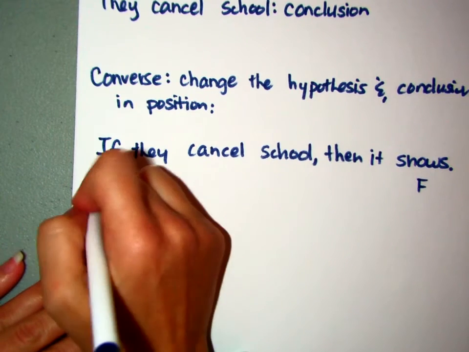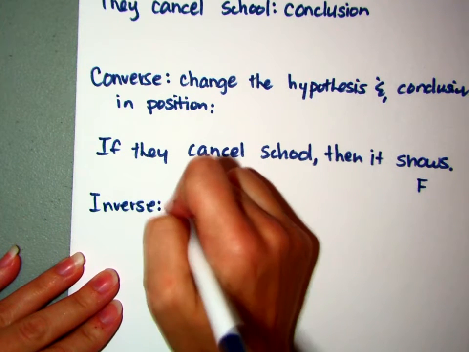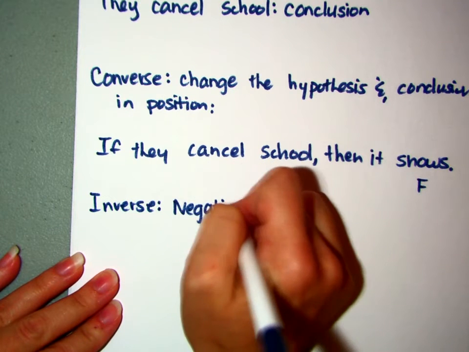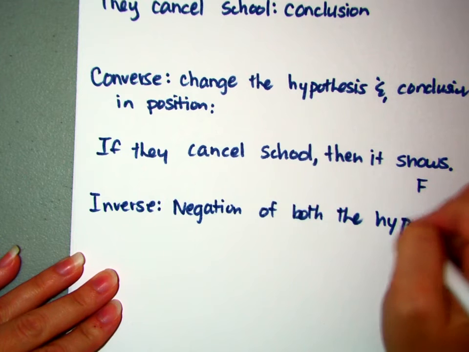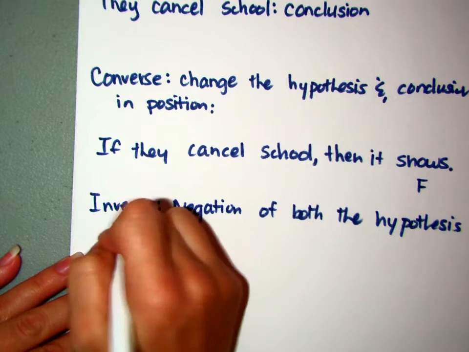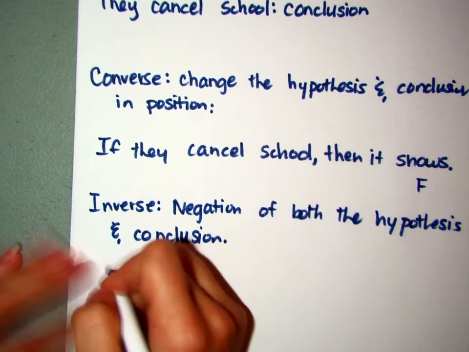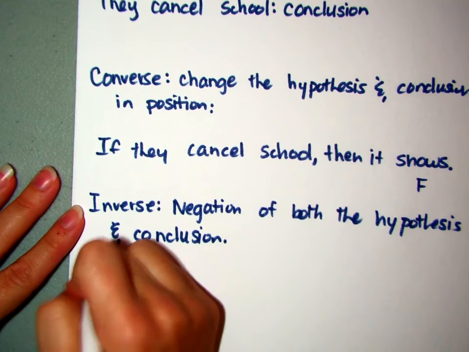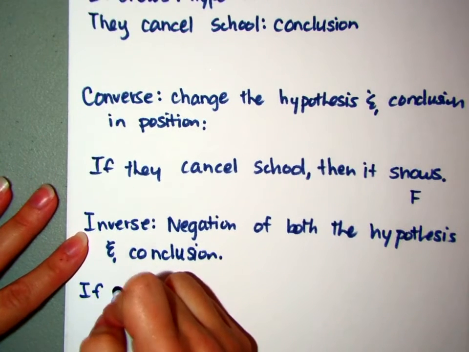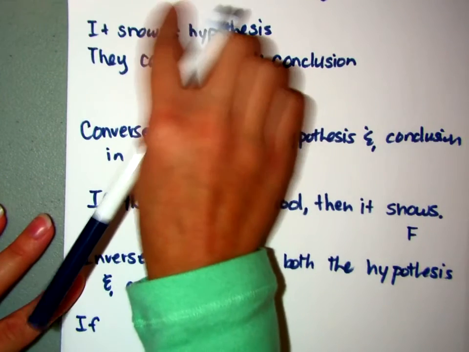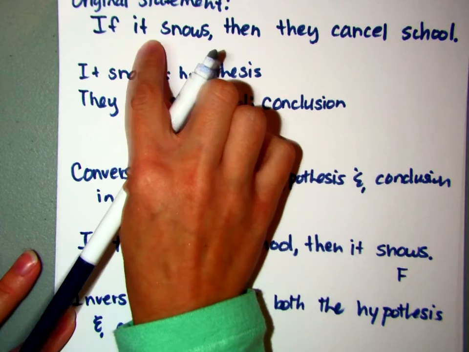Let's go into the inverse. Inverse is when we do the negation of both the hypothesis and conclusion. So here is our inverse. We keep the hypothesis in position, if, and we're talking about it snowing, but now we want to negate that, so it's not going to snow.